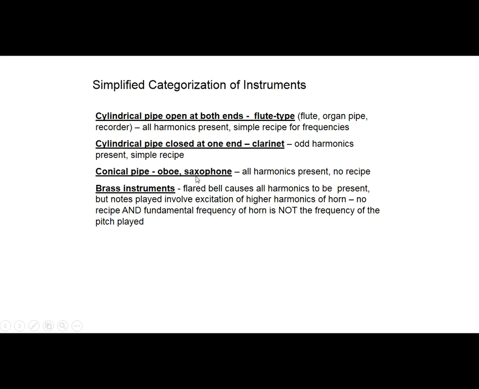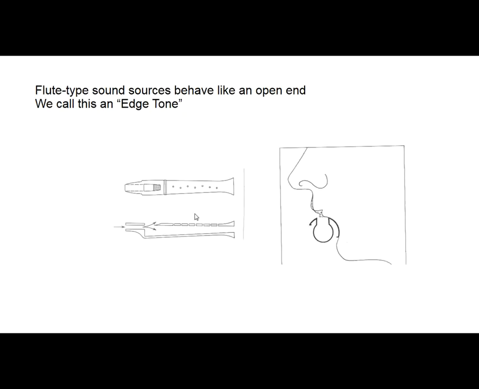And then a conical pipe might be an oboe or a saxophone, and there are also brass instruments such as a horn. Again, there is an exact formula, but it's not as simple as the ones that we looked at.